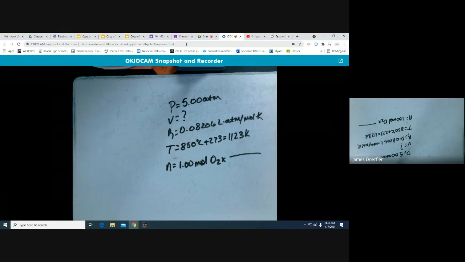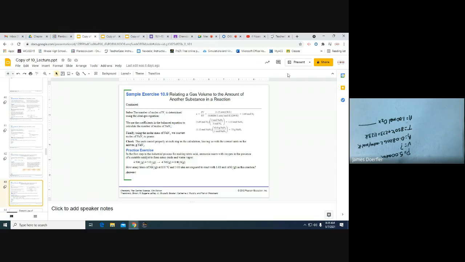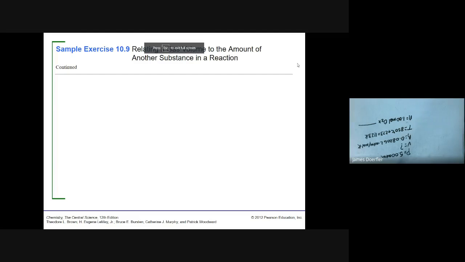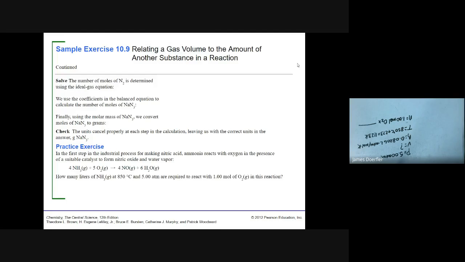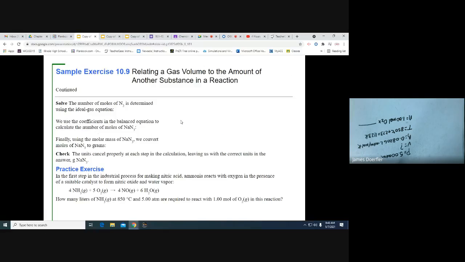In order to go from gas A to gas B, we refer to the balanced chemical equation. We have to use, if you recall, the term mole ratio, and the mole ratios are these coefficients here. NH3 is the gas B, what we're trying to find. O2 is our gas A. We see that we have 5 O2 and 4 NH3, so that's our mole ratio.